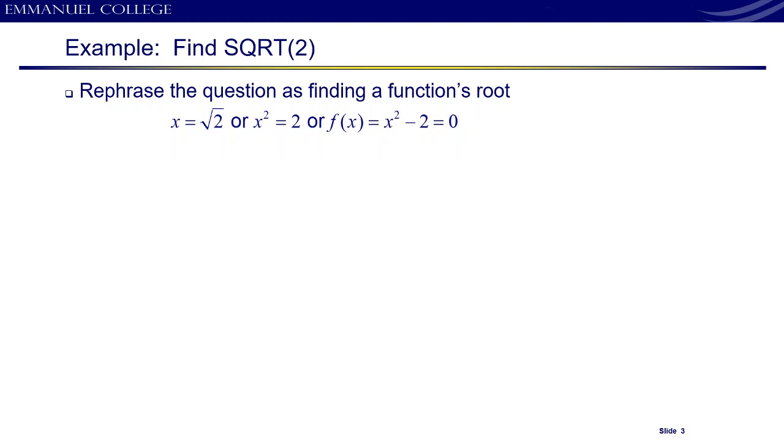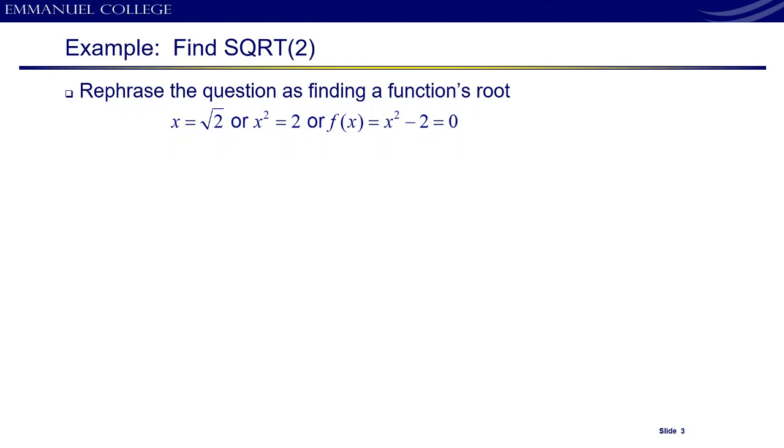So now you don't have to think about how to go in between. I know it's between 1 and 2 because it's between the square root of 1 and the square root of 4.